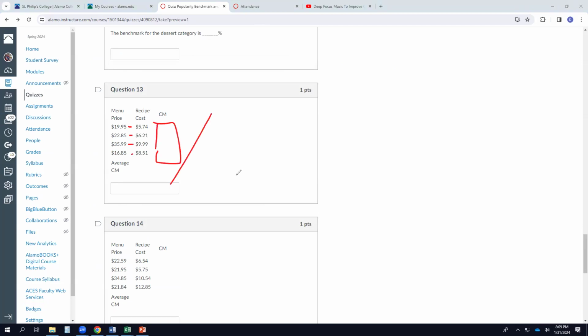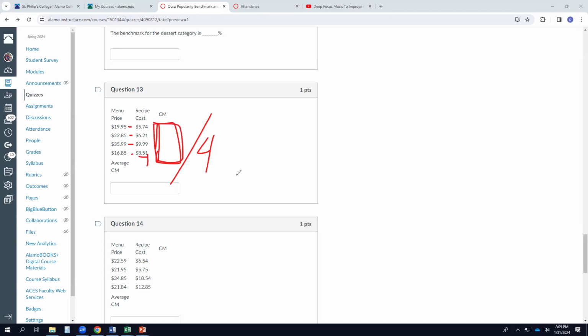And then in this case, after you add them all up, we're going to divide by 4. We're going to add them all up and divide by 4. And that's how we find our average contribution margin. We all see how that works? Anybody not see how that works? We're going to subtract to get our contribution margins, and we add them all up.